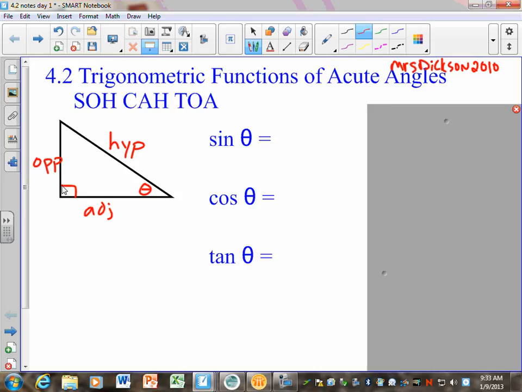But the sine of theta would be the ratio of the opposite side over the hypotenuse. So we say opposite over hypotenuse. That's where the SOH comes from. Sine is opposite over hypotenuse.